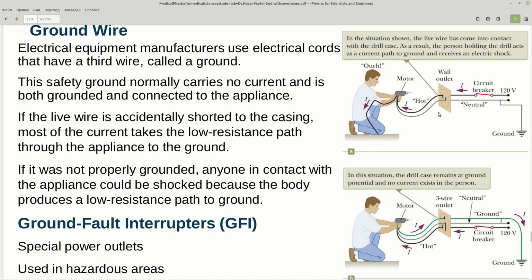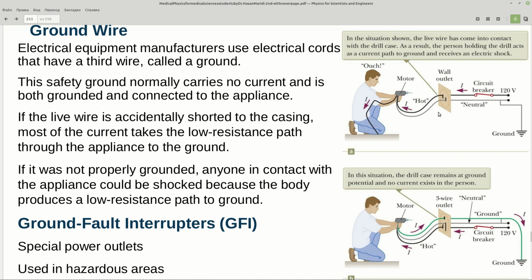We have a hot wire, we have a neutral wire, and we have a ground wire. So for the first time we have neutral, which is joined to ground, and the current takes the low resistance path through the appliance to the ground.